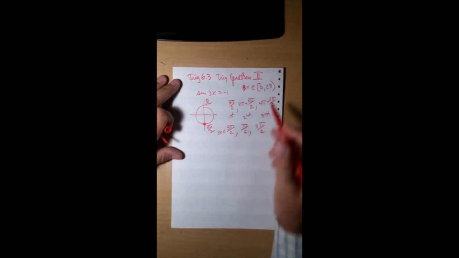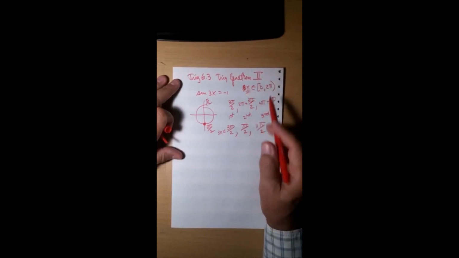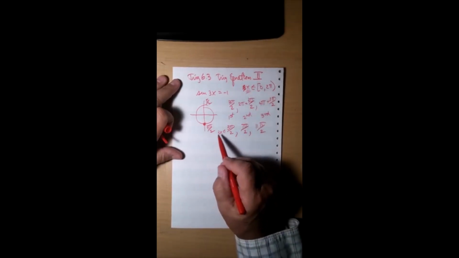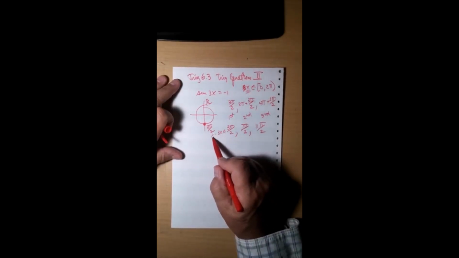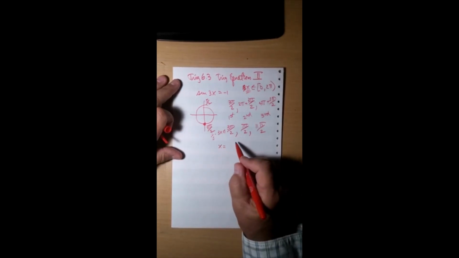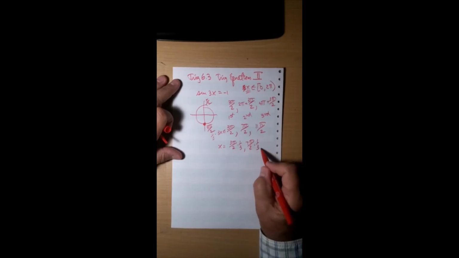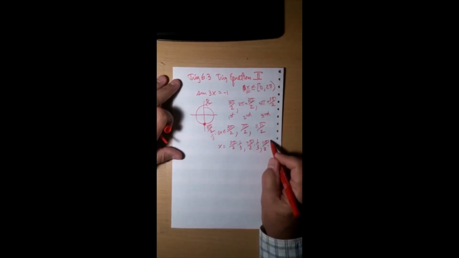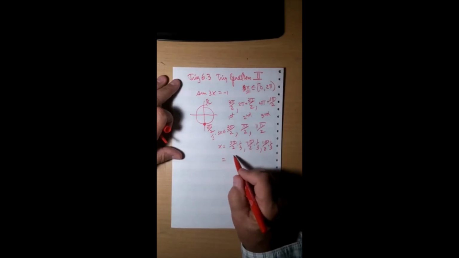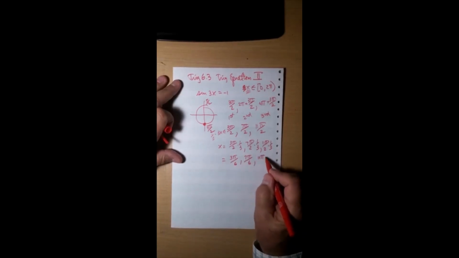But we don't want 3x, we just want x. And this is outside of 1 time around the circle. But to get that back to 1 time around the circle, you take it back to x. Divide by 3 or multiply by 1/3. So x is going to equal 3 pi over 2 times 1/3, 7 pi over 2 times 1/3, and 11 pi over 2 times 1/3, or 3 pi over 6, 7 pi over 6, 11 pi over 6.